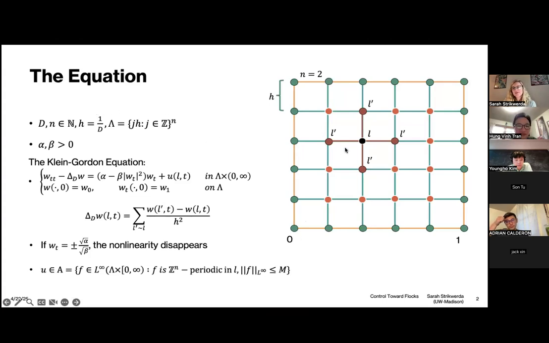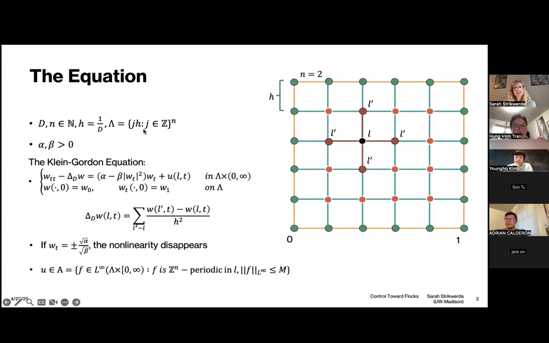So the equation that we'll be thinking about is actually going to be on a lattice. And so we have this grid here, and we're just thinking about the function values on each of these nodes. And so d and n are just natural numbers, and then this distance is going to be 1 over d.